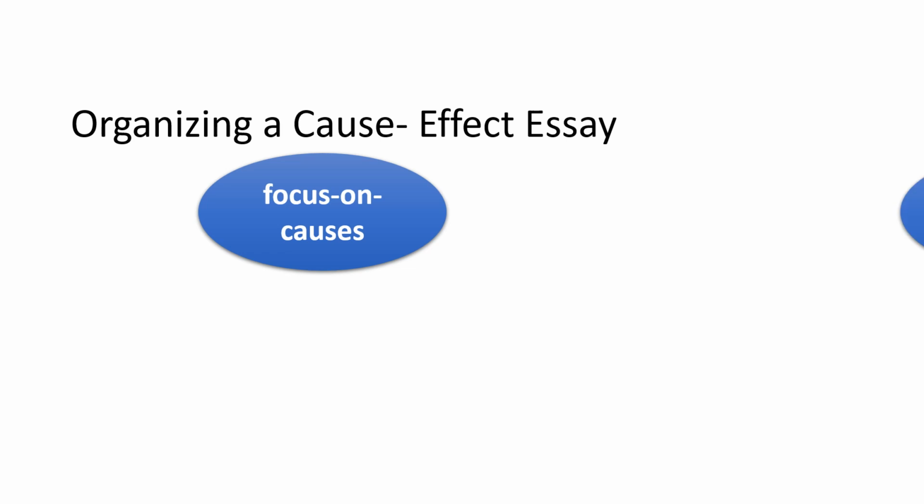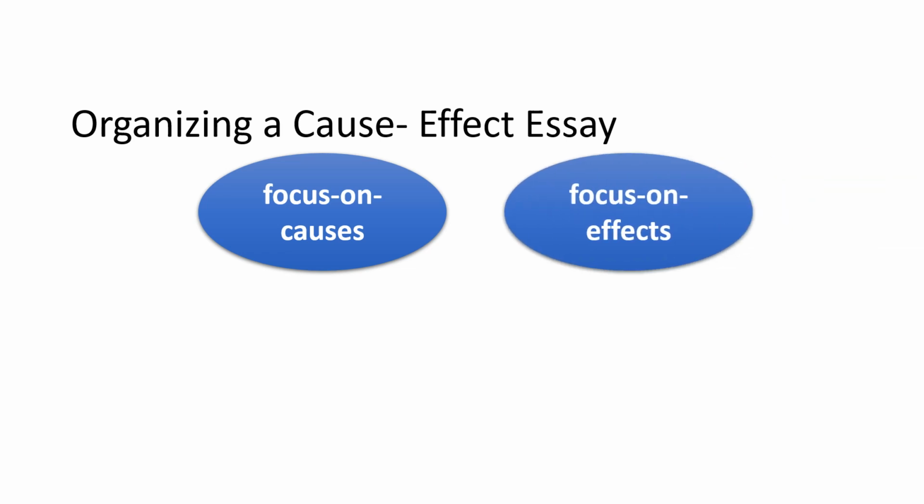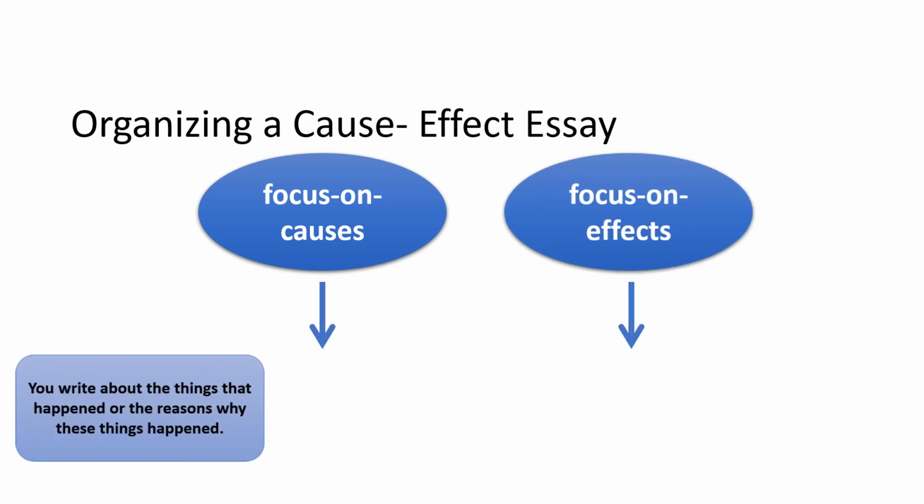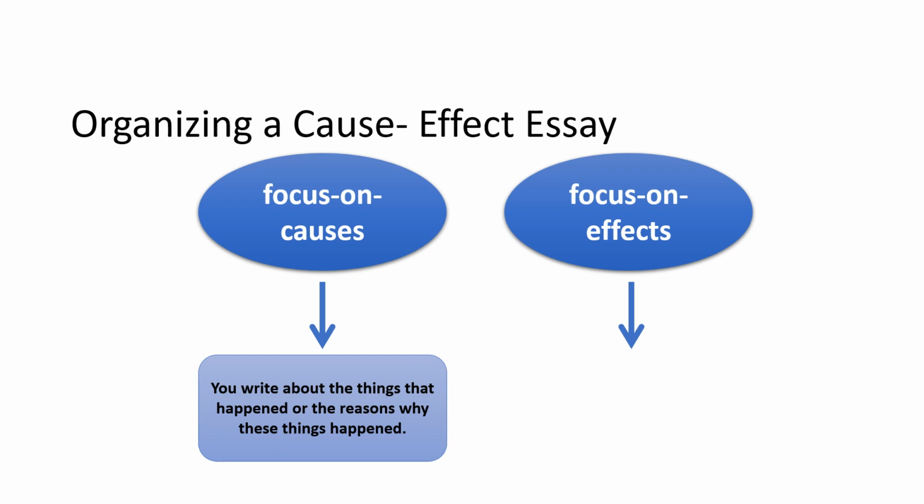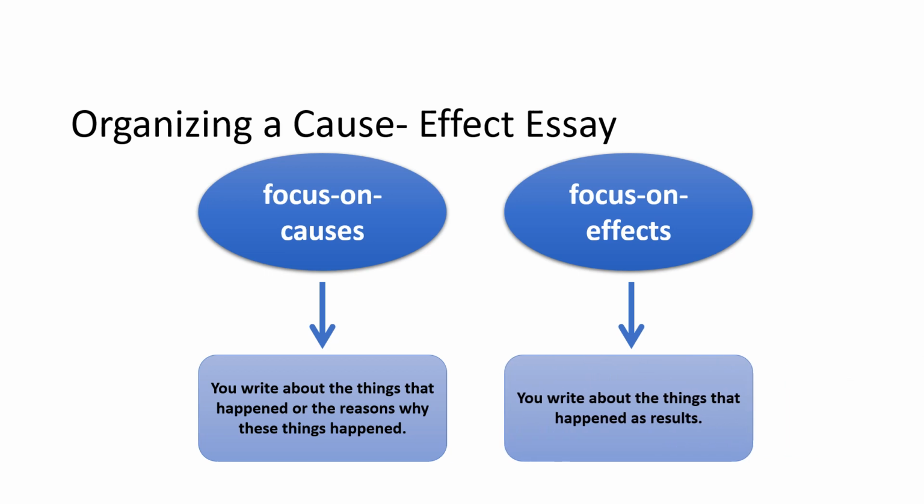When you choose to focus on the causes, you write about the things that happened or the reason why a certain phenomenon or thing happened, happens, or will likely reoccur. If you will focus on the effects, then of course, your focus is on the effects of a certain event, phenomenon, or situation.